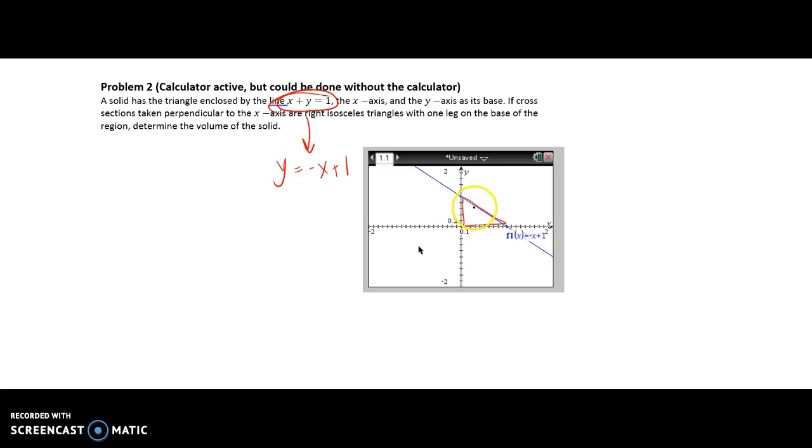Check this out. I'm going to draw my rectangle, and I'm told that it is one leg of my right isosceles triangle. That's on the base of my region. Then I'm going to come out of the screen, that's the height of my triangle, and connect right here.